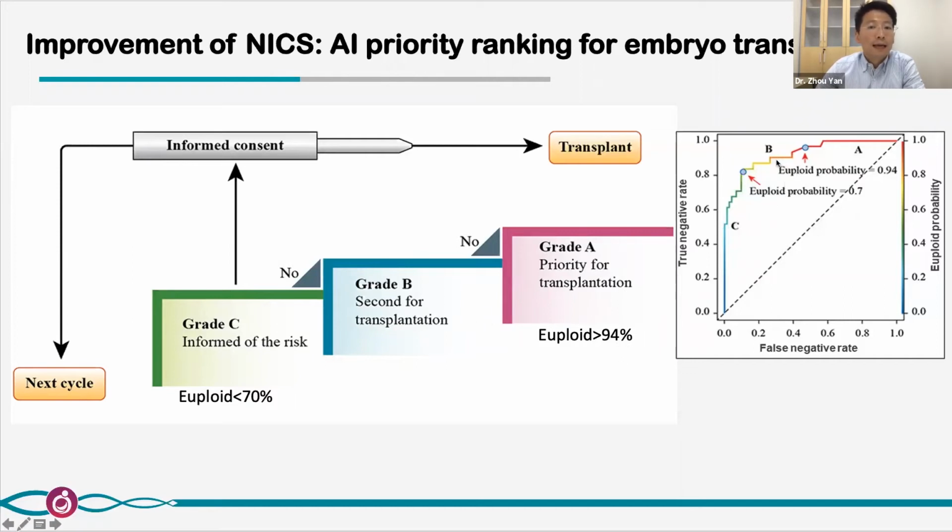Grade B sits in between C and A, where C contains an informed risk of chromosome abnormalities, with the odds of euploidy down to less than 70%. Using these grading systems enables us to report AI-based priority rankings to guide the clinicians for embryo implantations.